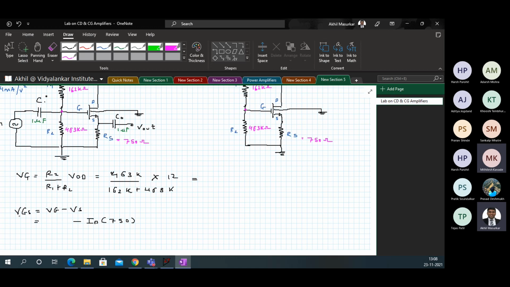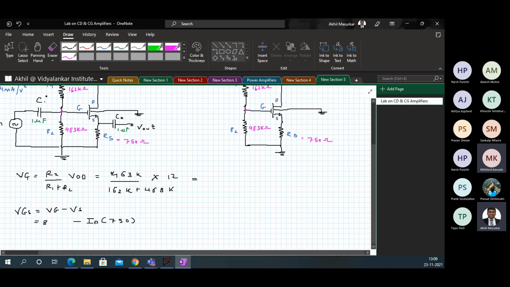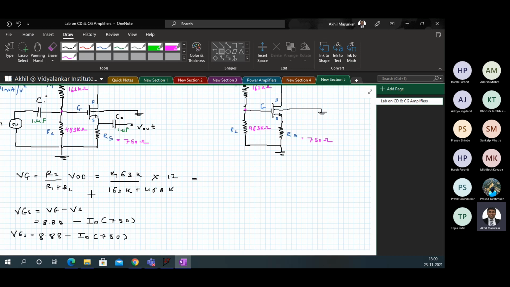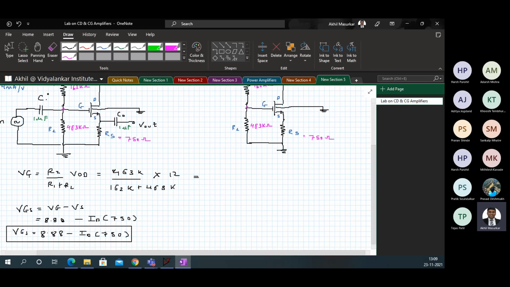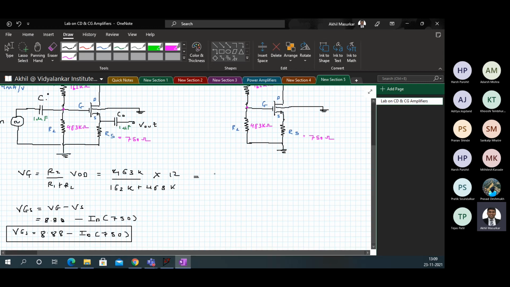Sir, 8.88. 8.88 volts. Okay. So VGS is going to be 8.88 minus ID into 750. So this is one of our equations. Now we also know the value of Vg, the same 8.88.